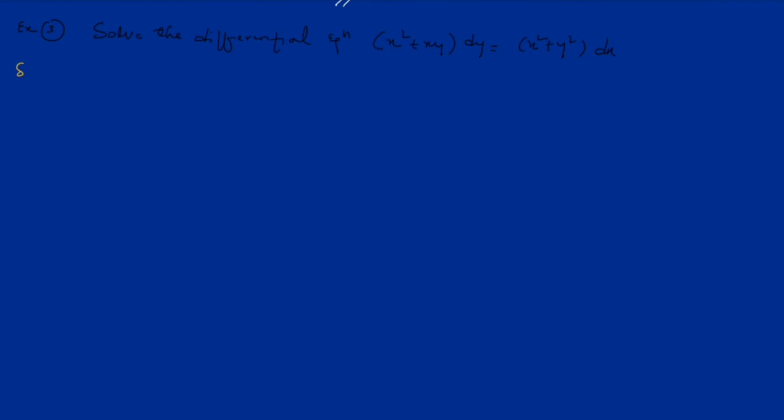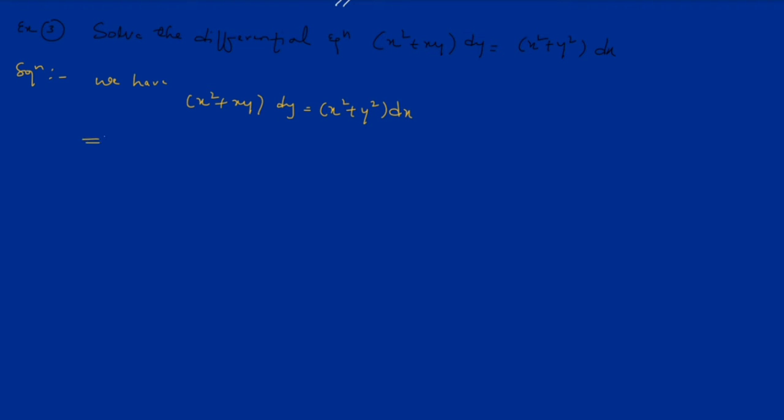So now solution. Let us we have x square plus xy dy, which is equals to x square plus y square into dx, right?